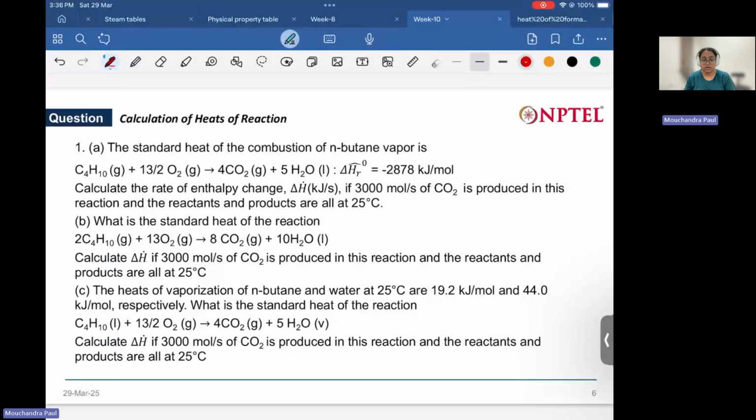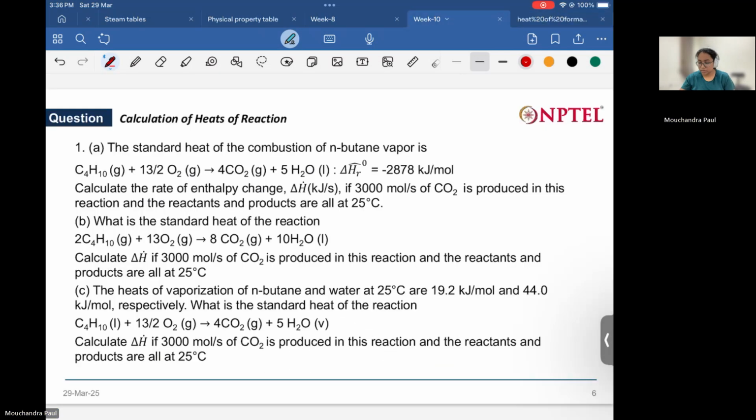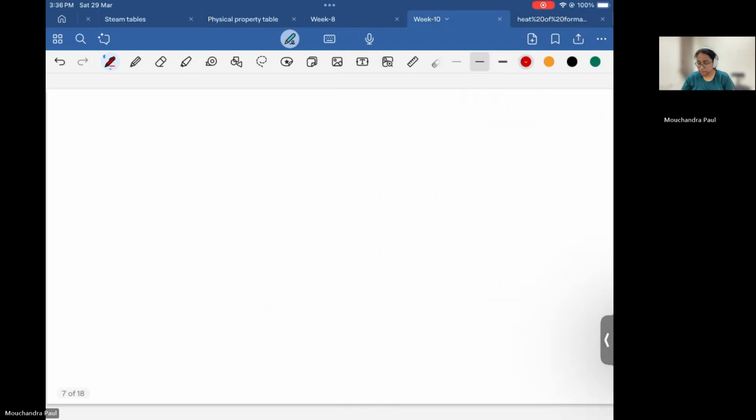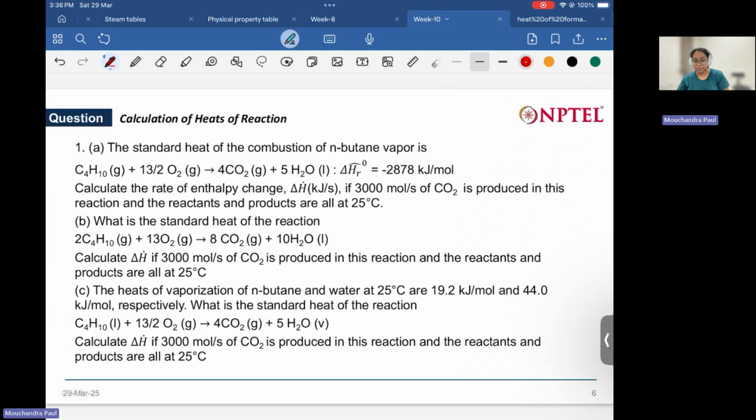So let's understand those points in much more depth by solving some easy problems. This is question number 1 with 3 parts. So let's start with part A. It says that the standard heat of combustion of n-butane vapor is given by this.